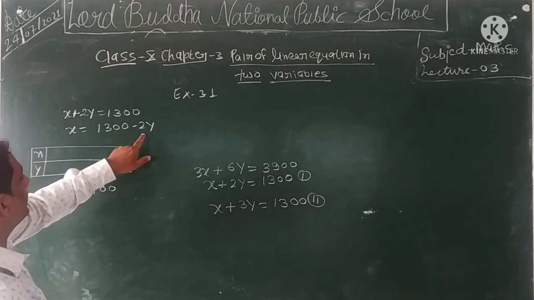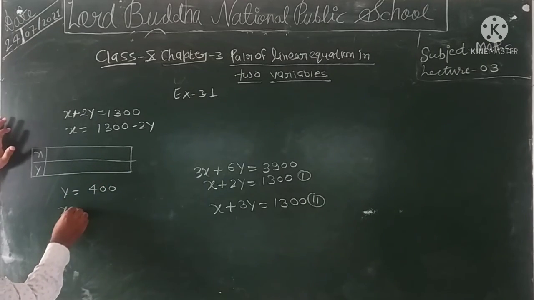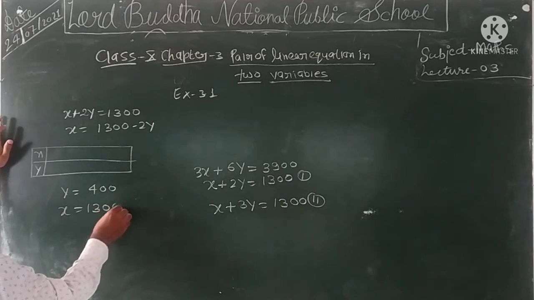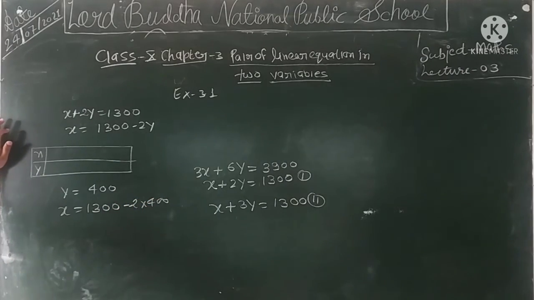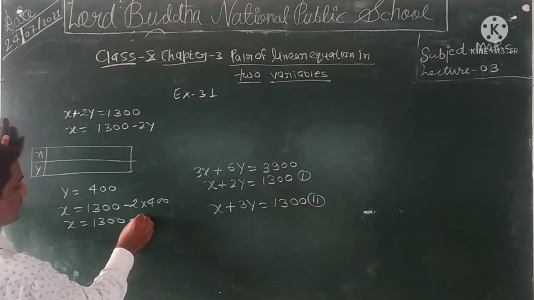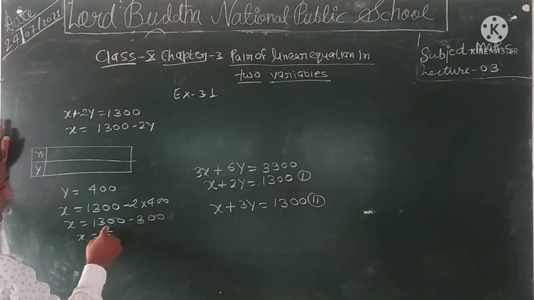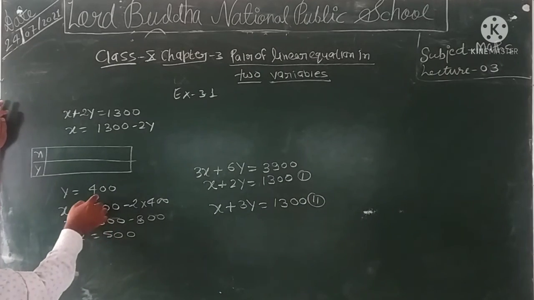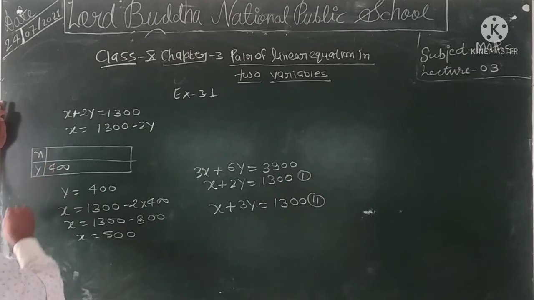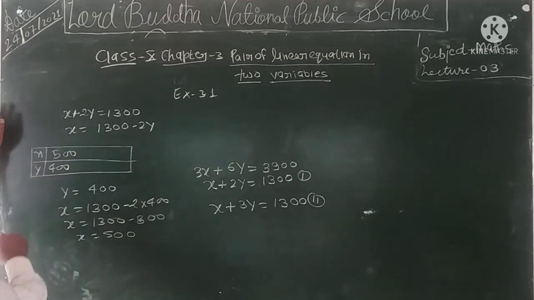If we take y equal to 400, then x will be 1300 minus 2 into 400. X equal to 1300 minus 800, so x equal to 500. Means here y equal to 400, so x equal to 500.